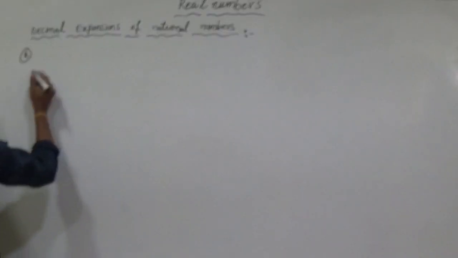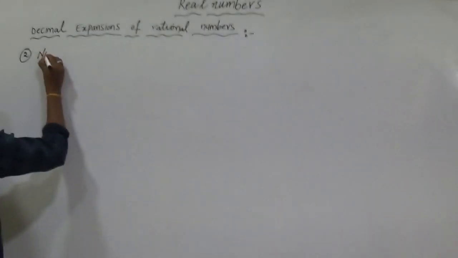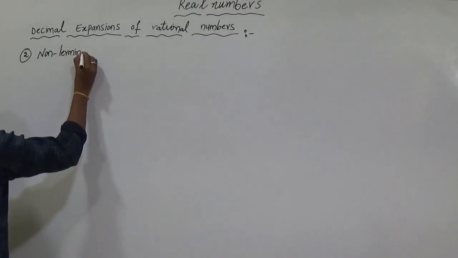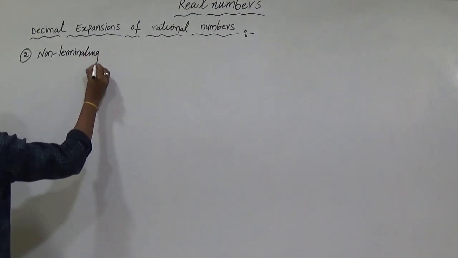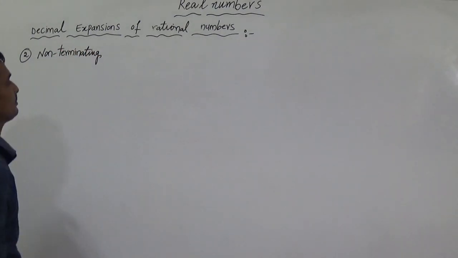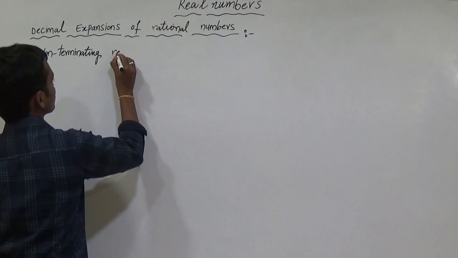And the second decimal expansion is non-terminating recurring decimals.